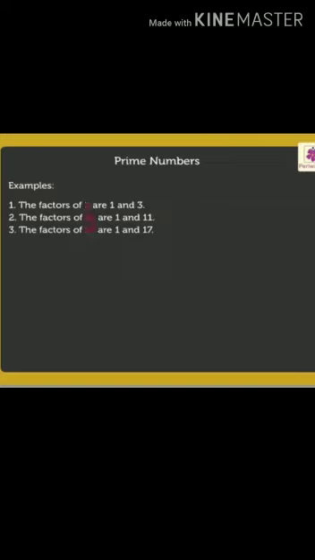All these numbers have only 2 factors, 1 and the number itself. Such numbers are called prime numbers. Thus, prime numbers are natural numbers that have only 2 factors, 1 and the number itself.